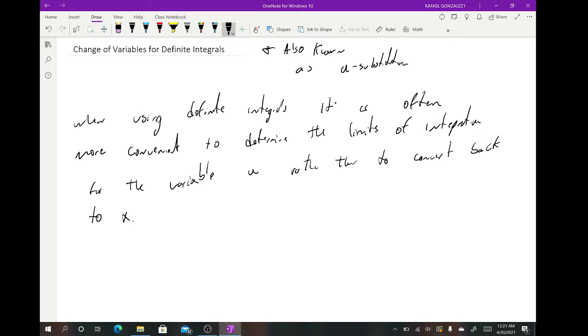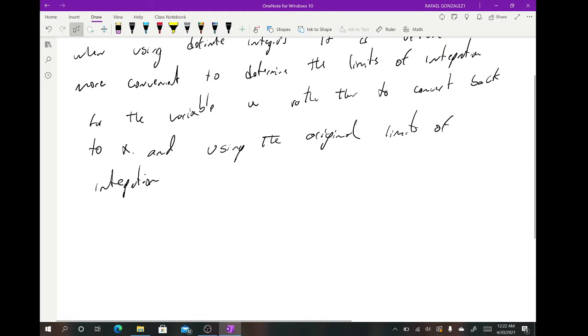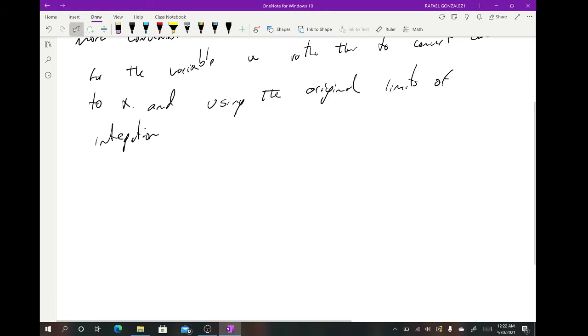When you convert back to x, you will have to use the original limits of integration. Especially when your function is very complicated, but its substitution is very easy to manipulate, this change of limits becomes much more convenient.